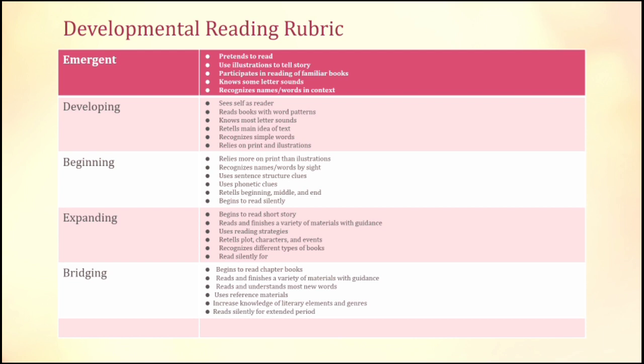The first is emergent, which is the low level, and then developing, beginning, expanding, bridging, and the last is fluent. The highest level is fluent.